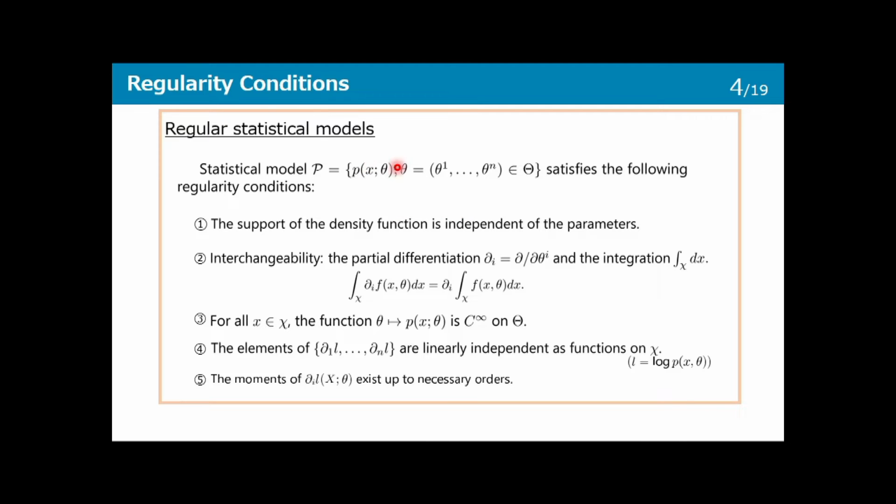When this model satisfies these conditions, it is said to be regular. In this presentation, please focus on the first and the second conditions. The first condition requires that the support of the density function p is independent of the parameter theta.